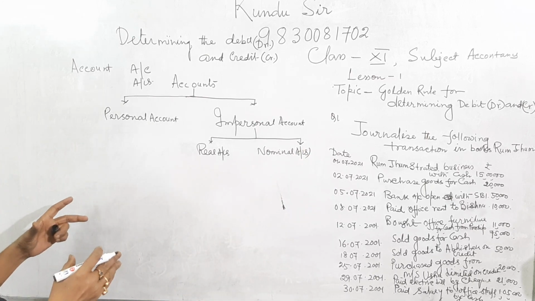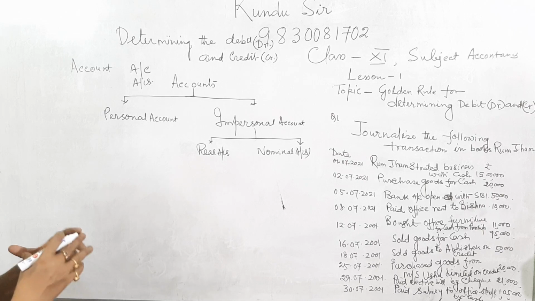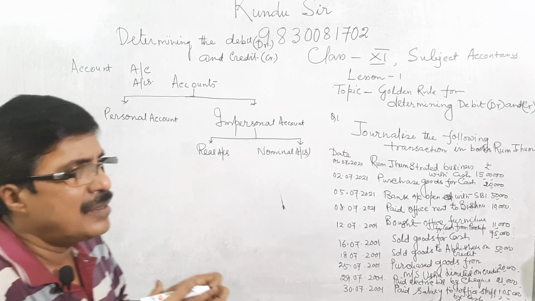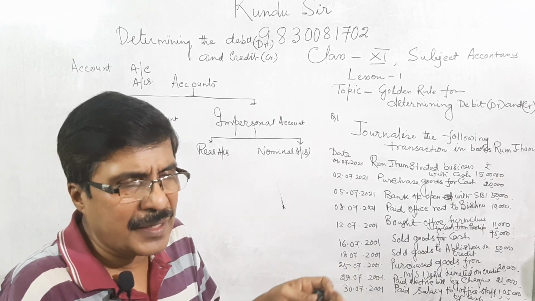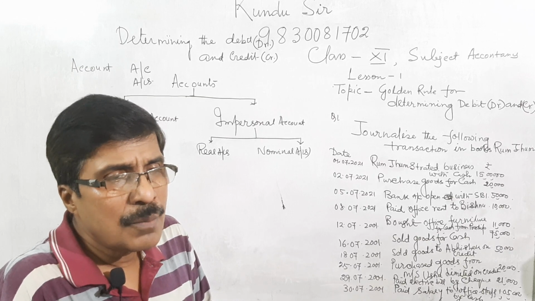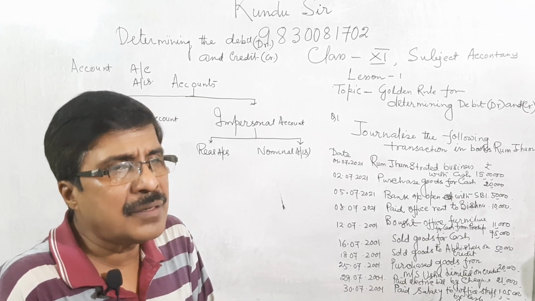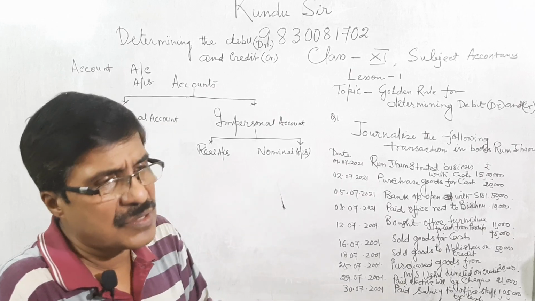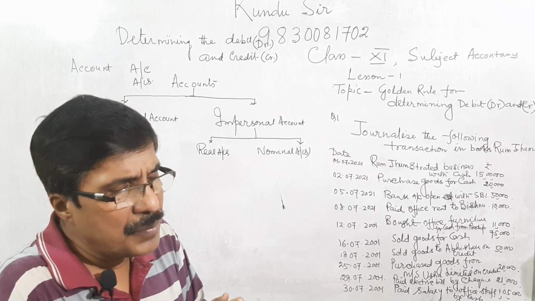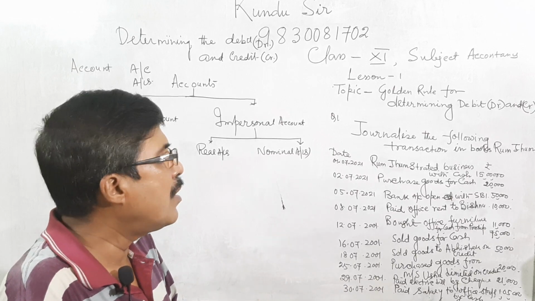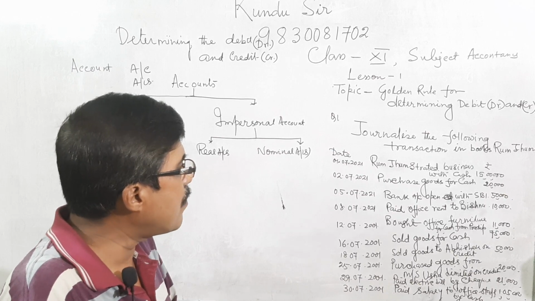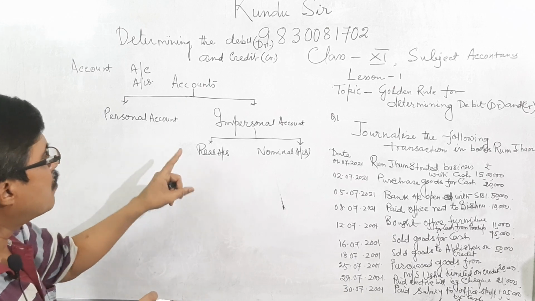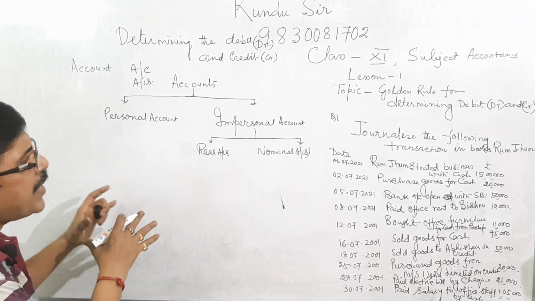Now we are going to discuss debit and credit. Any event that is not related to monetary terms, or cannot be converted into monetary terms, is not recorded. A transaction is to be recorded in the journal.